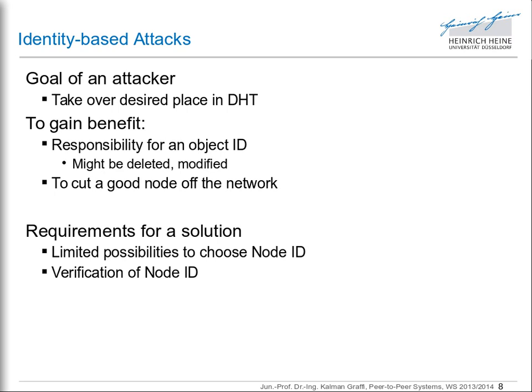So the attacker gets the responsibility of an object ID, and then he, or it, can do whatever it likes. So, for example, deleting or modifying this object. And also, the benefit could be to cut off a node.